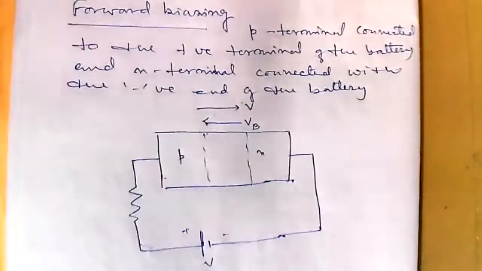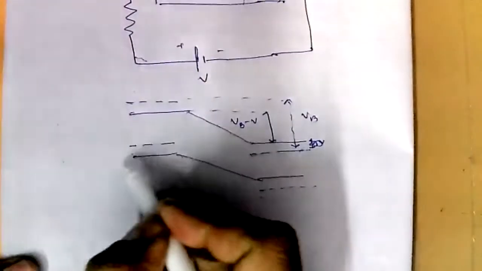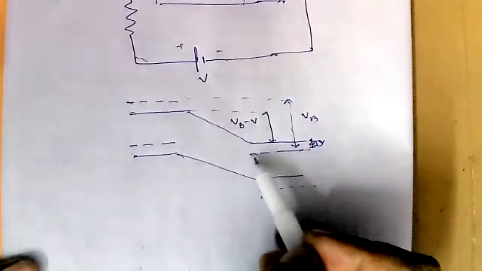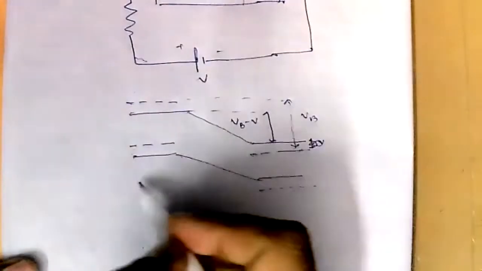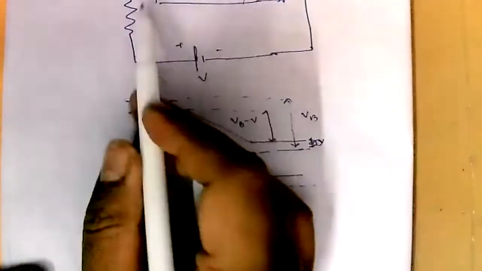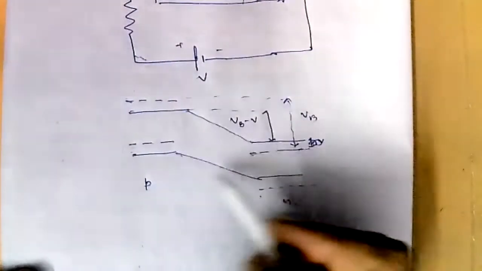Sorry, these dotted lines are the initial positions of the bands before connections. This is in N side, this is in P side, this is P side, this is N side. But after connection, with the P side with the positive terminal of the battery and N side with the negative terminal of the battery, there is a reduction in the barrier potential. Why the reduction?